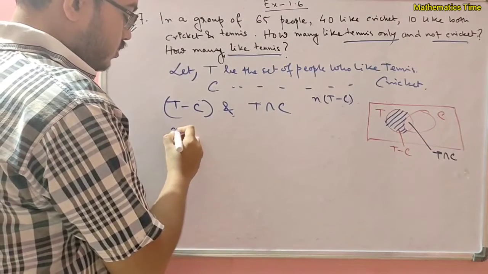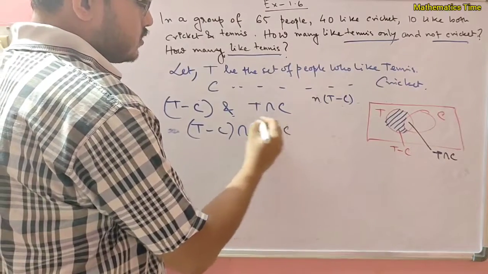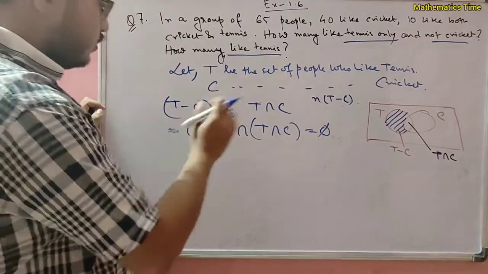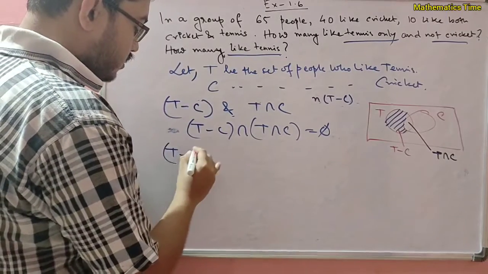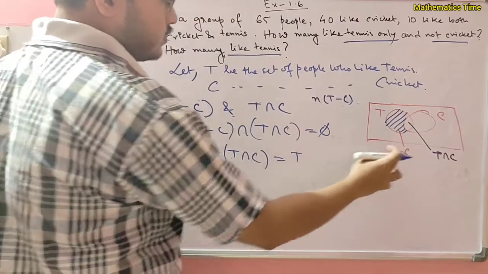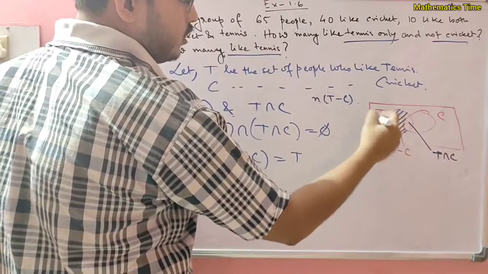Disjoint means T minus C intersection T intersection C will be empty. If we take the union of these, T minus C union T intersection C, it will be T.